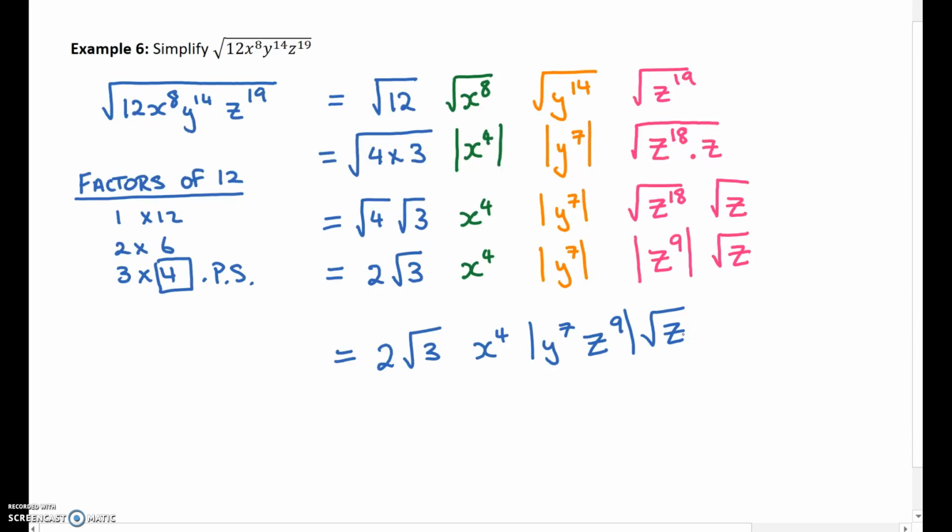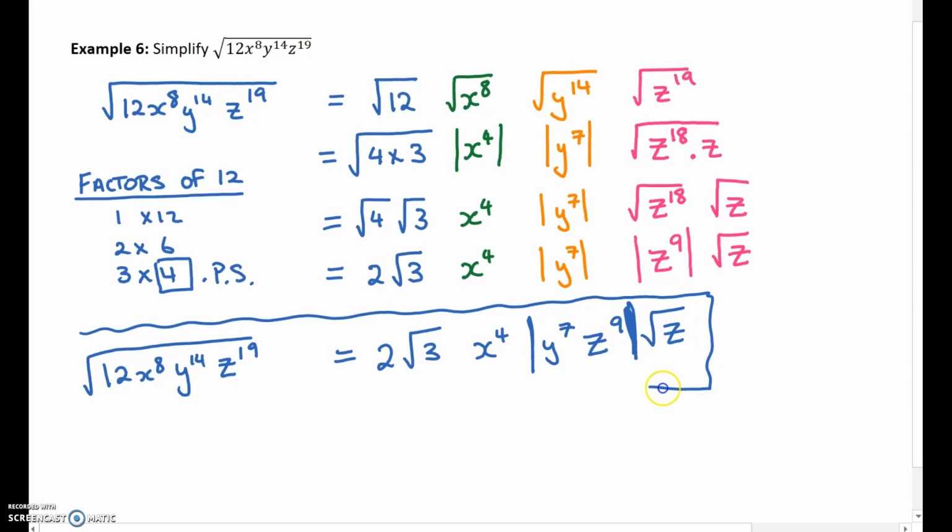It's really messy, and it hasn't done a whole lot to improve the appearance, but it is now in its most simple form. So that was the square root of 12, x to the power of 8, y to the power of 14, z to the power of 19. It's not very pretty, but it is now fully simplified. Thanks for sticking it through this far.